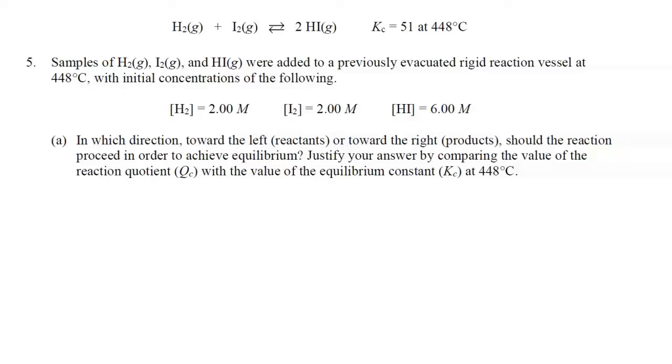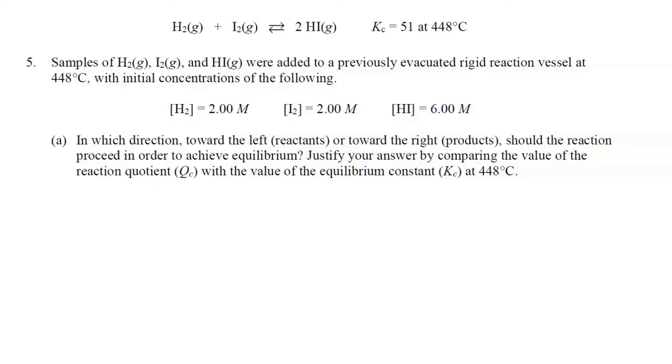So why do we do Q versus K? Because it will help us determine in which direction the reaction will proceed as it approaches equilibrium. And that's very important for filling in the ICE table with the appropriate plus or minus signs for the change row.